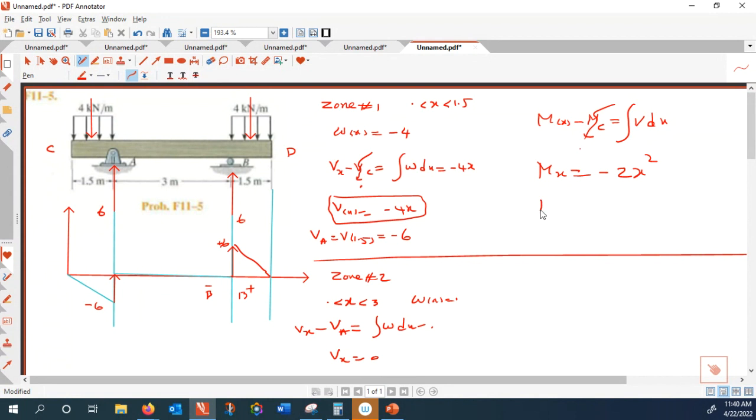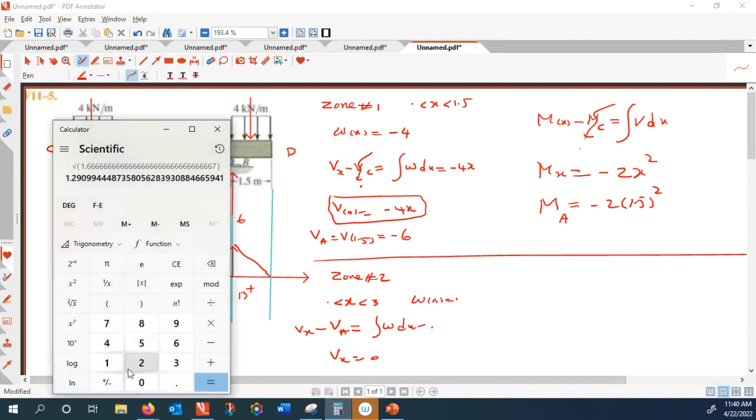So that means the bending moment at point A is equal to minus 2 times 1.5 squared. So that is, yep, 4.5 negative.